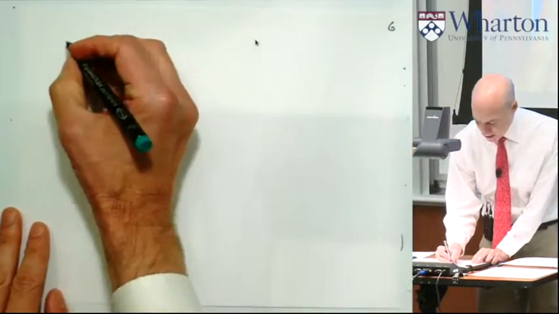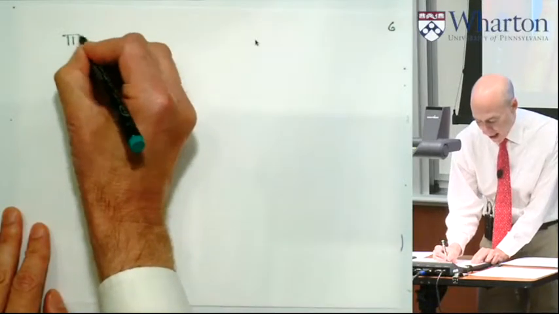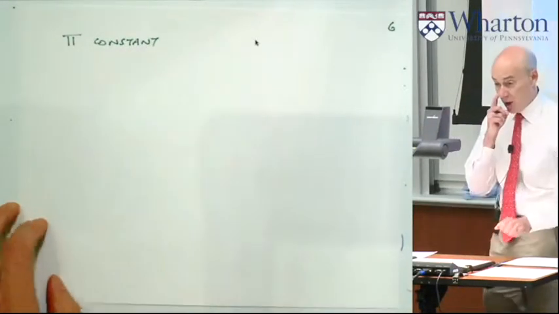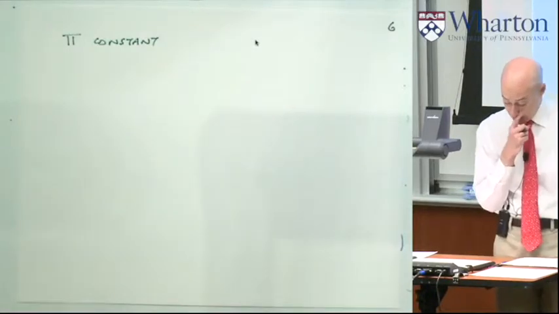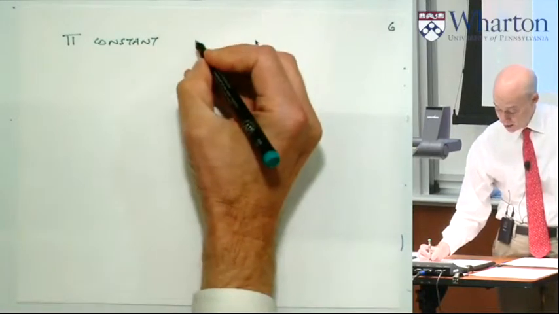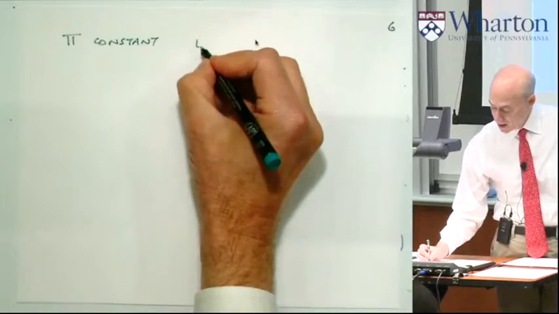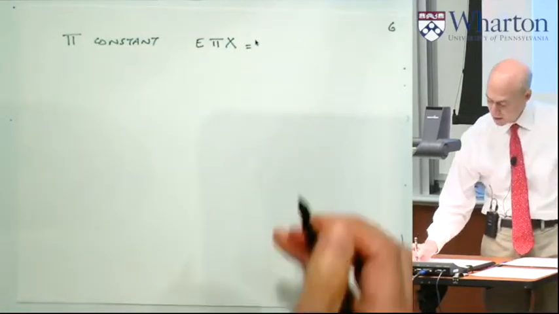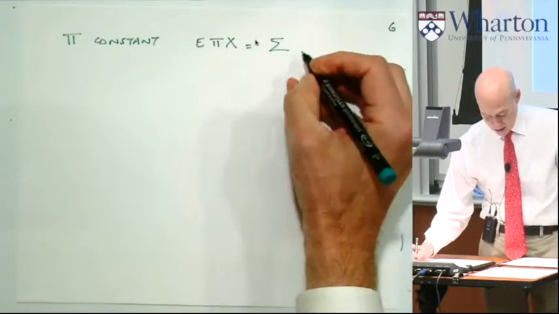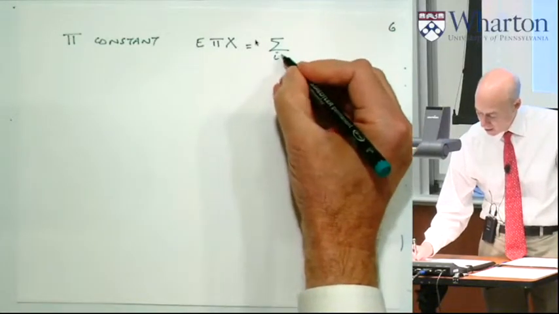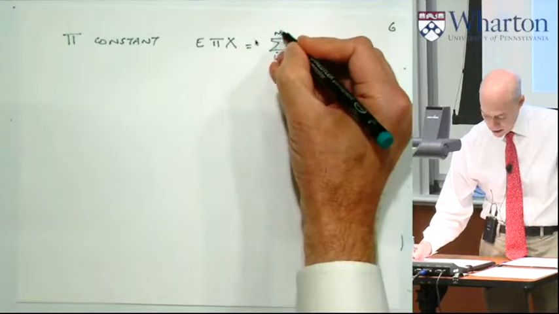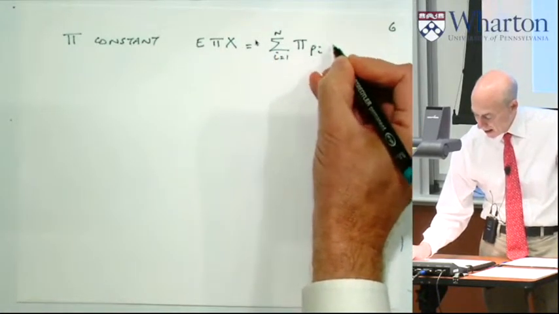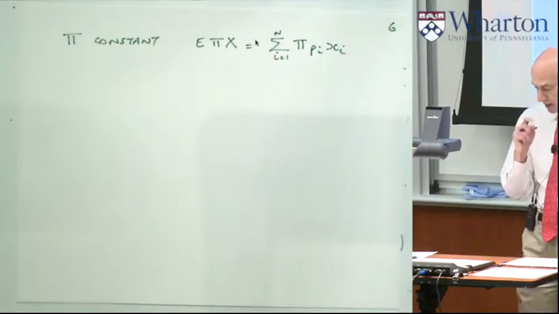And the first thing is, if we've got pi, which we're going to use for these proportions, if that's a constant across states, which it will be in our examples, then if we take the expectation of pi x, that's going to be sigma i equals 1 to n of pi pi xi.